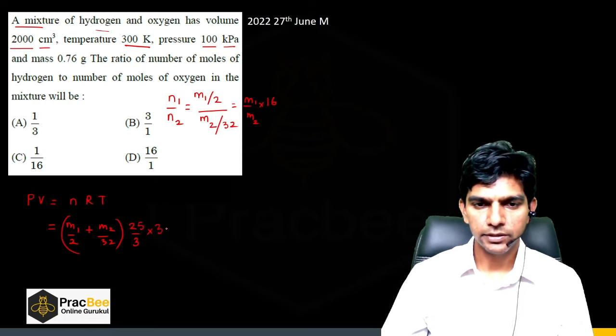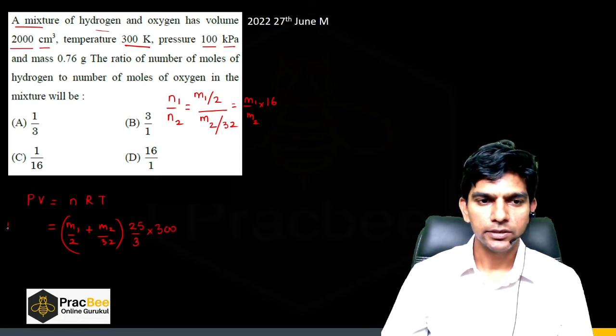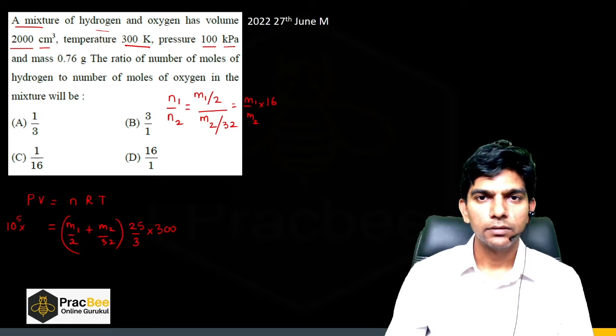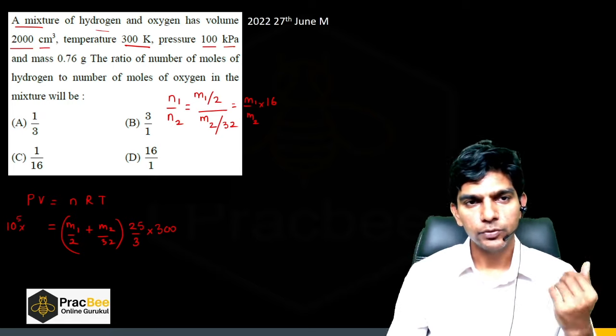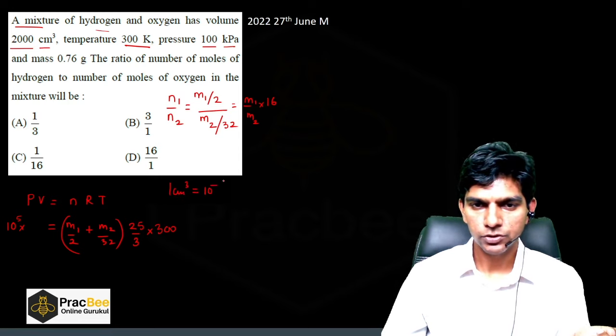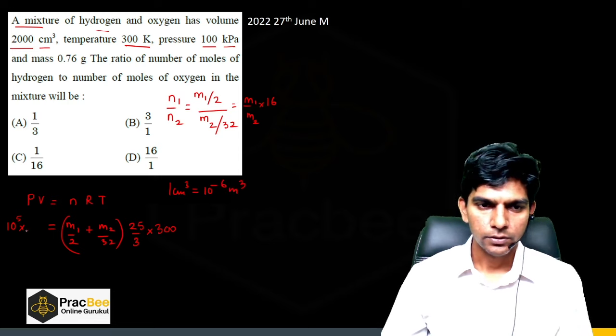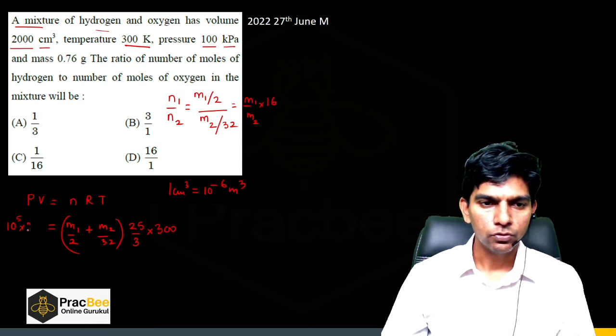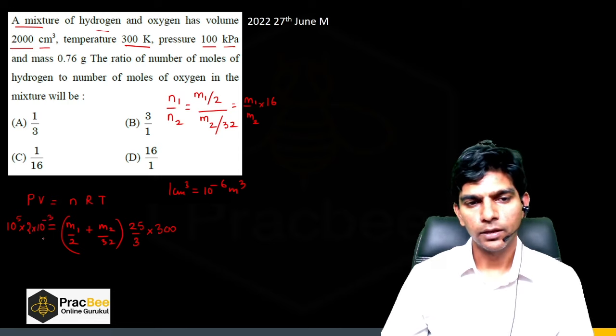Temperature is given as 300 Kelvin. Pressure is 100 kilopascal, so we can say it is 10 raised to power 5 Pascal. And the volume is 2000 centimeter cube. To convert centimeter cube into meter cube, we have to multiply with 10 raised to power minus 6. So it will become 2 times 10 raised to power minus 3. I hope it is clear.